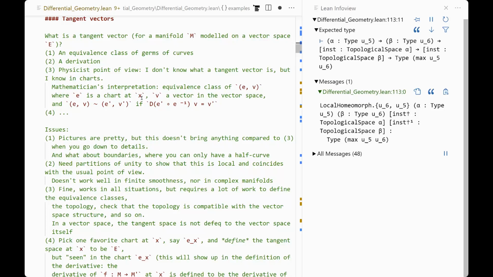And this is also quite annoying to work with because you have to work with these equivalence classes. And there's a lot of things to check.